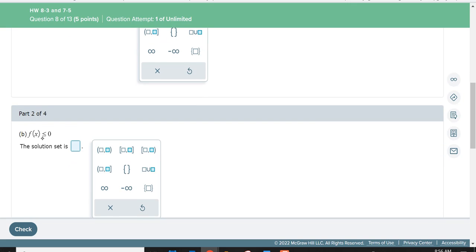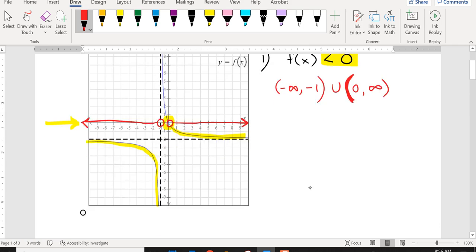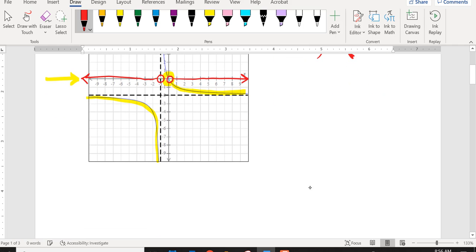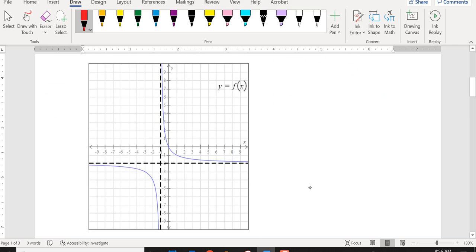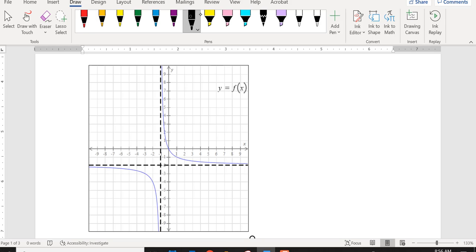Okay, for part 2, notice that we added the equal to sign. So let's do this again. It wants us to look at where the function is less than or equal to 0. Where's it equal to 0? It's equal to 0 right here. So that's going to be part of our answer.